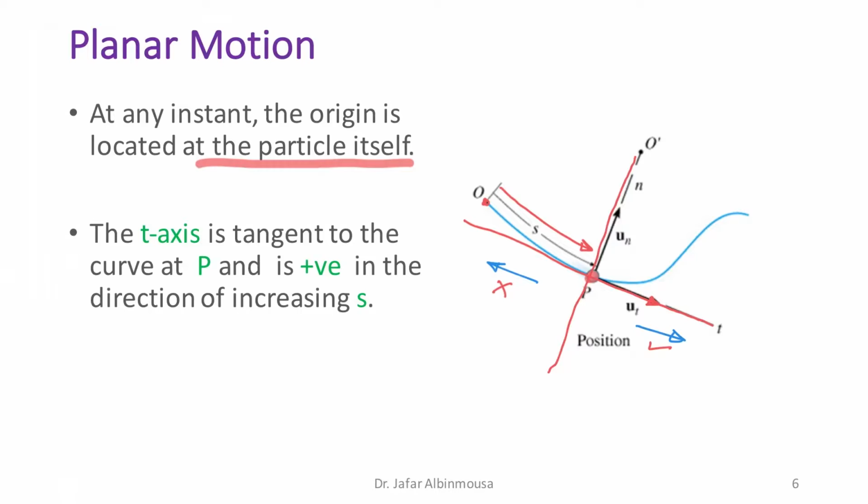The question again, should UN point down or up? And the answer is that UN will always have to point toward the center of the radius of curvature. And this is basically the positive UN, and this is the positive UT.